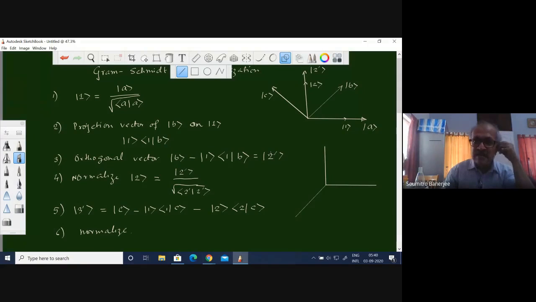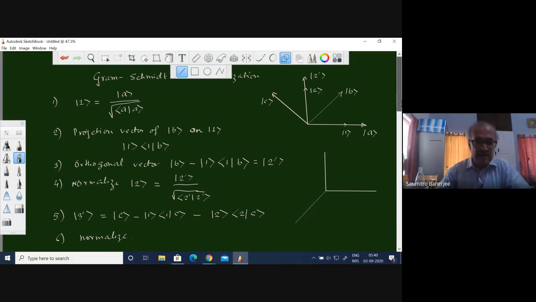It can easily be applied to functions because all these operations are known for functions. So this is the way of obtaining a set of orthonormal vectors starting from any set of vectors that you have, or if you are talking in terms of functions, you can obtain any set of orthonormal functions starting from any given set of functions.